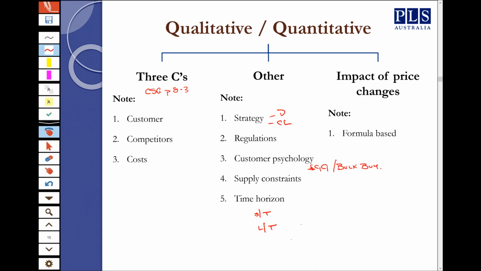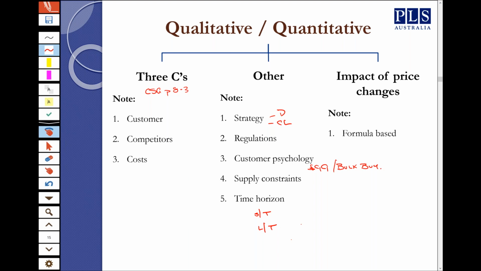So I try to go through a 2-year type rotation, which is basically a little bit longer than what I trust candidates are taking to get through the CA. The idea being, and yes, some do get caught by it, the idea being, but if I set a price today, I've got to be mindful of where I think costs are going to be in 2 years' time in terms of trying to ensure that I get appropriate profitability across that time frame, but also trying to ensure that I'm mindful of where I think customers might head in terms of what they're willing to pay. So that would be that long-term type environment.